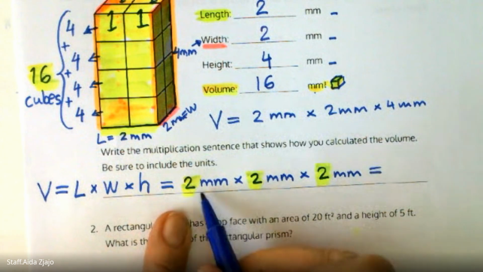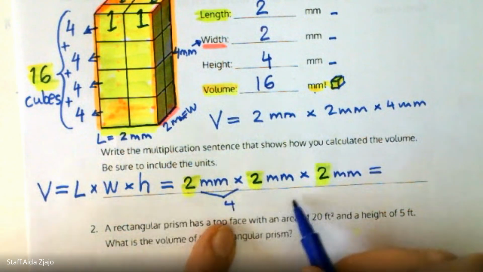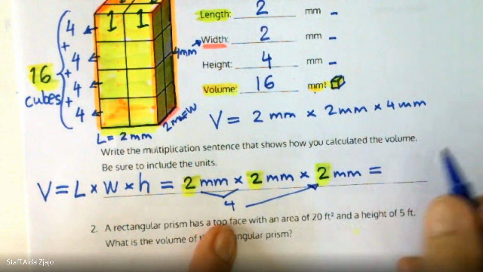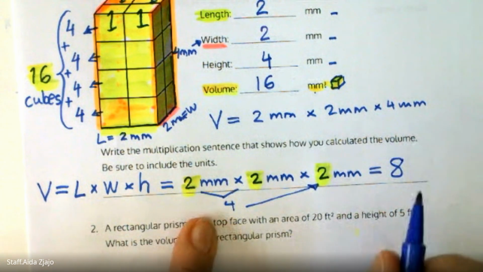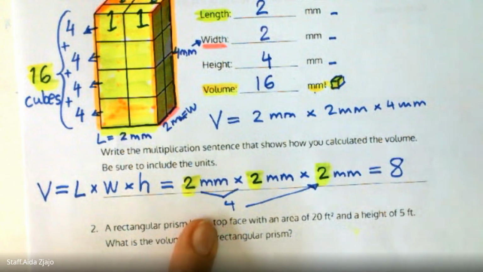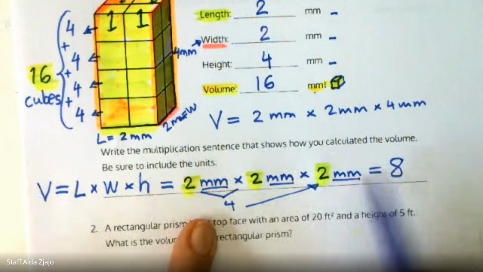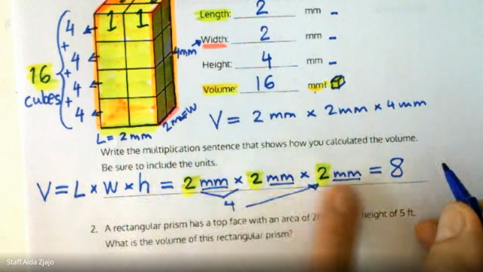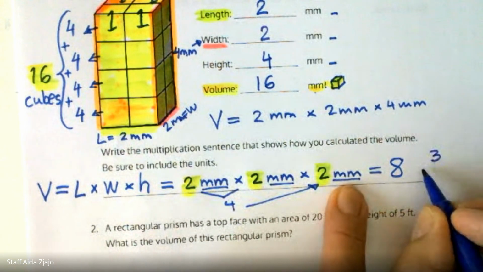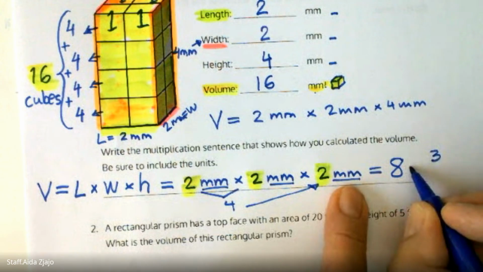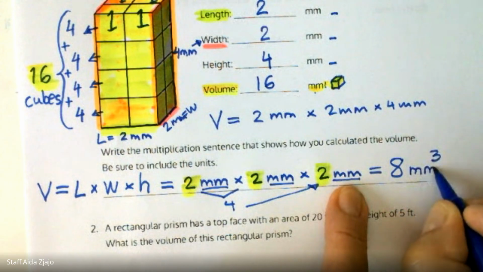We can say 2 times 2 is 4, and then 4 times 2 is 8. But also don't forget that we are multiplying the millimeters as well. So millimeter times millimeter times millimeter gives you millimeters cubed, or cubic millimeters.